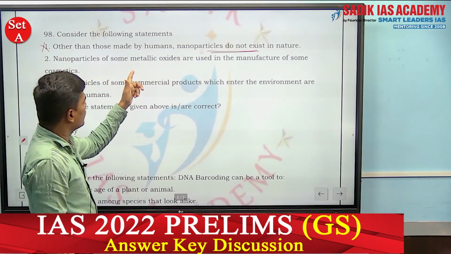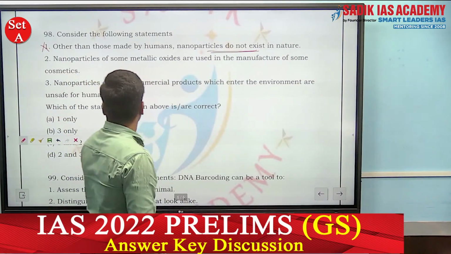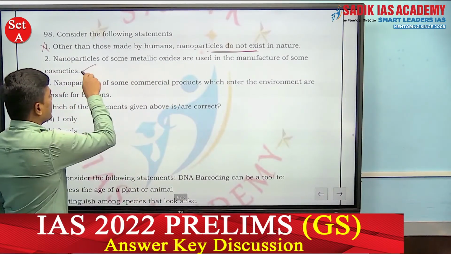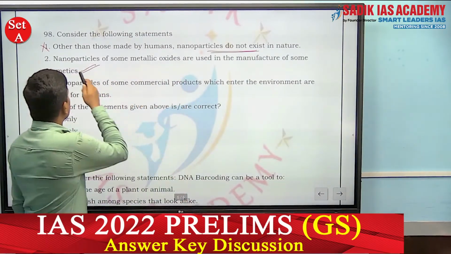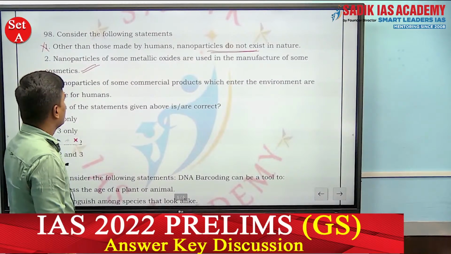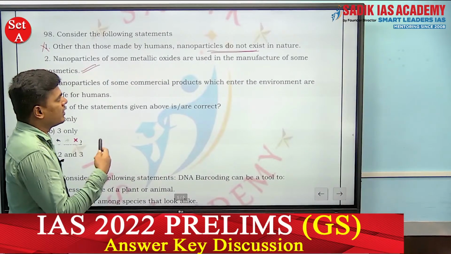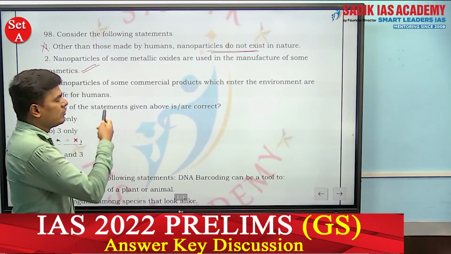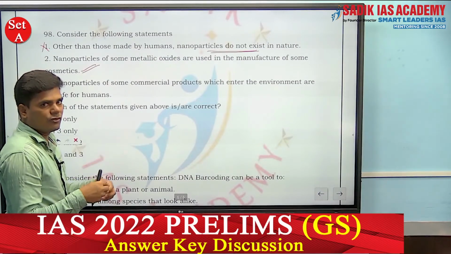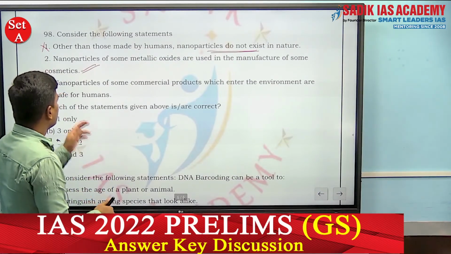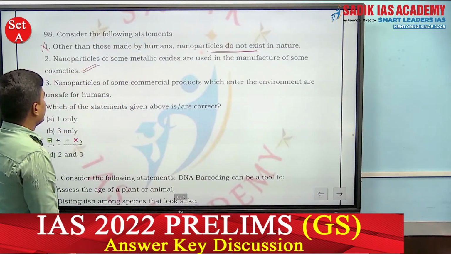Nanoparticles of some metallic oxides are used in the manufacture of some cosmetics. Many cosmetic items are produced through the use of nanoparticles. So the second statement is correct. Metals and metal oxides are used to produce cosmetics. The nanoparticles of some commercial products which enter the environment are unsafe for humans.